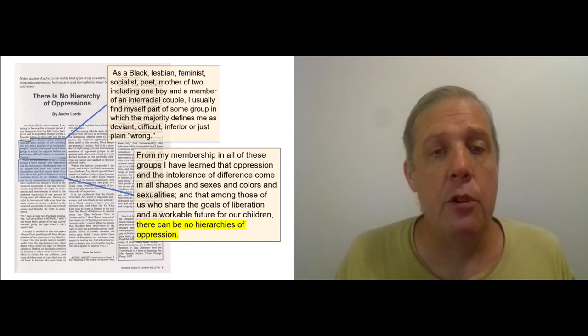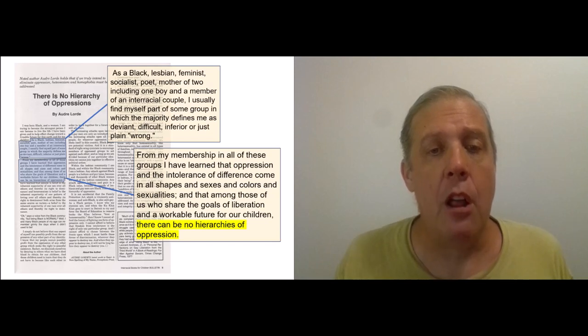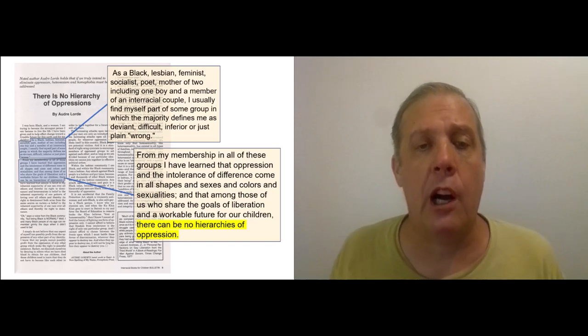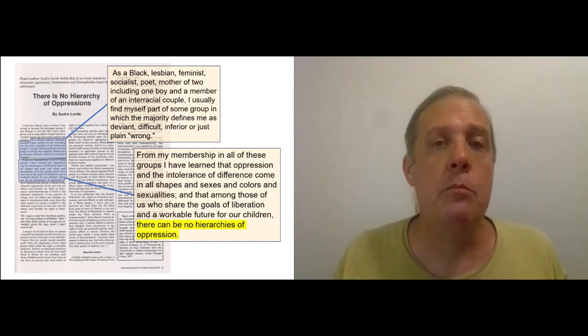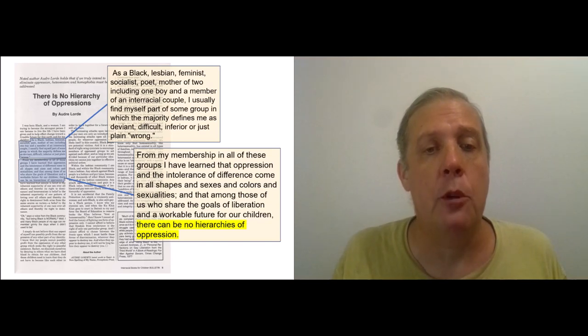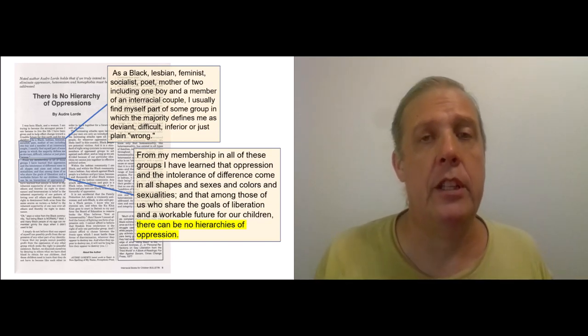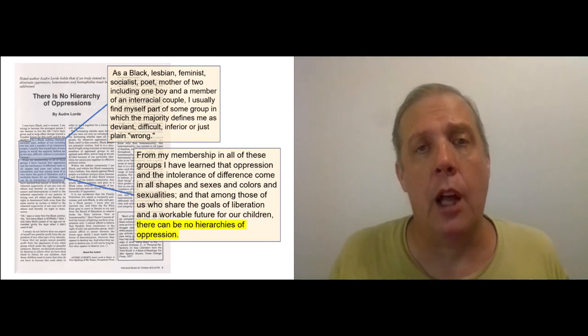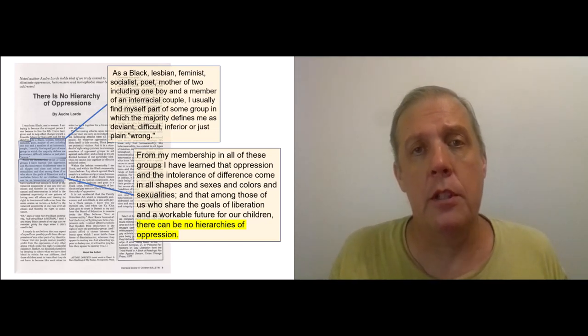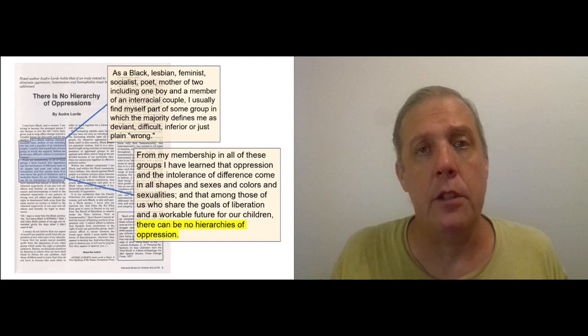That among those of us who share the goals of liberation and a workable future for our children, there can be no hierarchies of oppression.